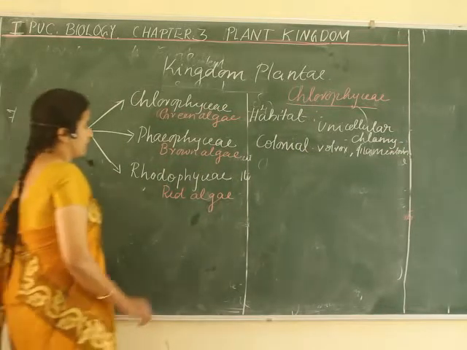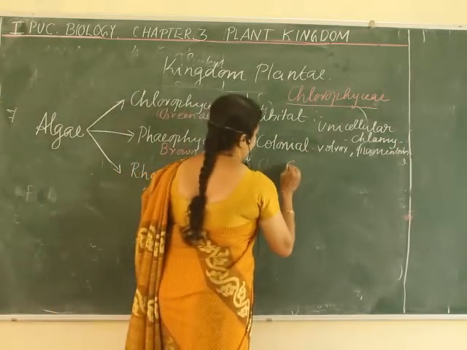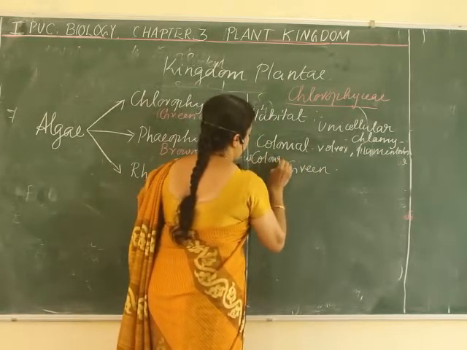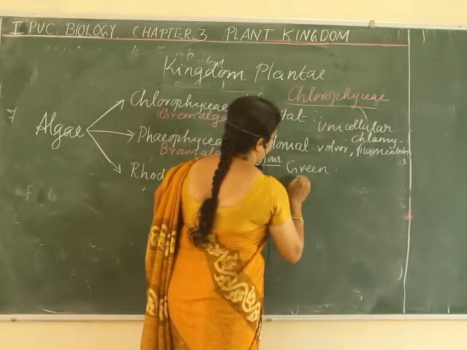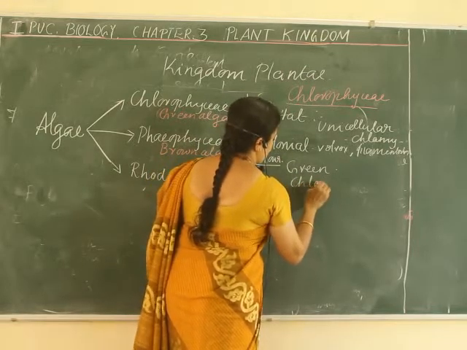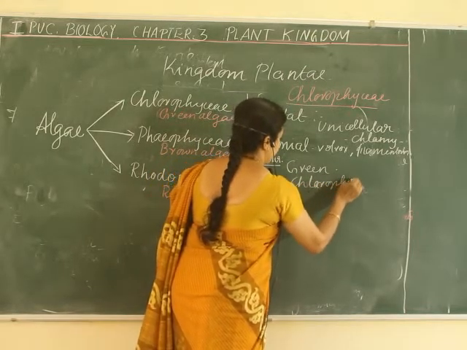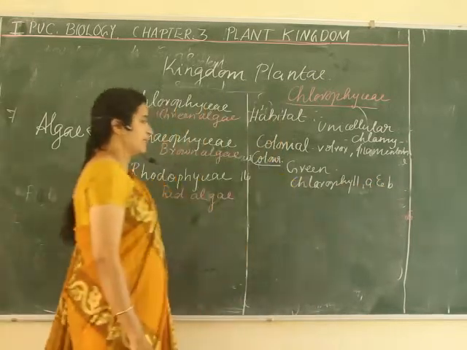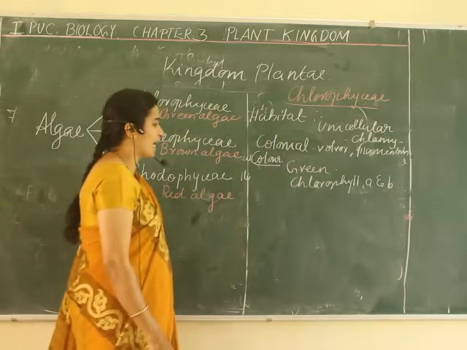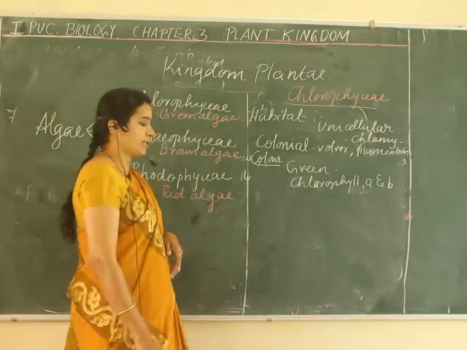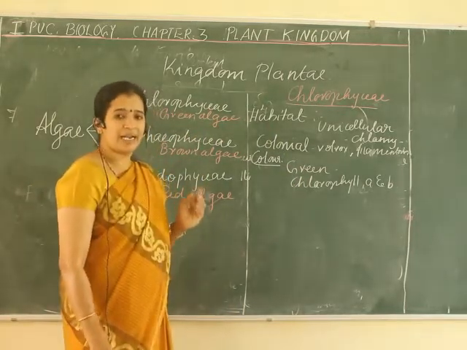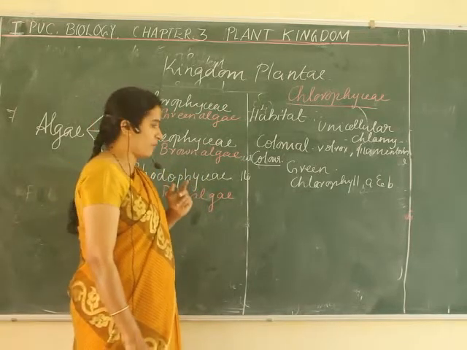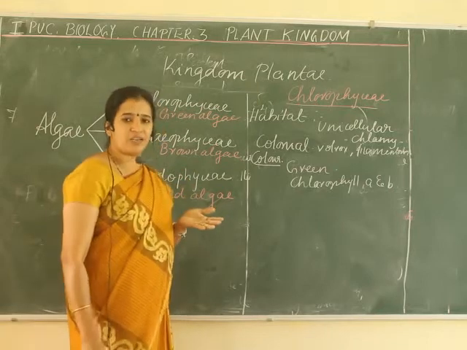Then next let us understand about their color. So what is the color? Usually Chlorophyceae looks green in color. Why does it look green? Because of the presence of chlorophyll A and B. The major pigments in their body are chlorophyll A and B. Chlorophyll can exist in various forms, A, B, C, D, which give various colors to the plant.